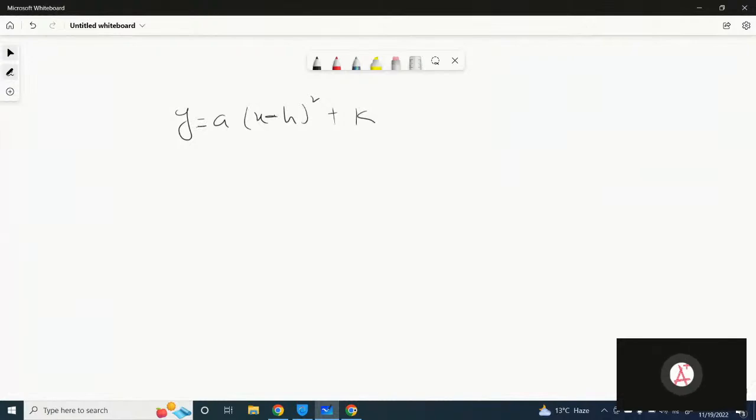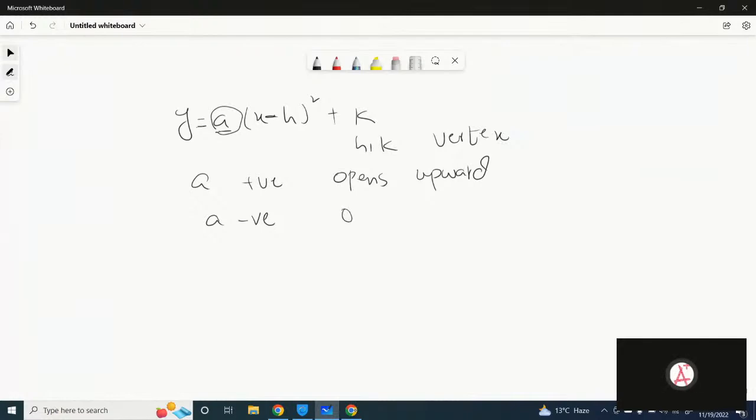Here h and k are the vertex. And for a, you can check the value of a to see if the parabola opens upward or downward. If a has a positive value, it opens upward. If a has a negative value, that means the parabola opens downward.